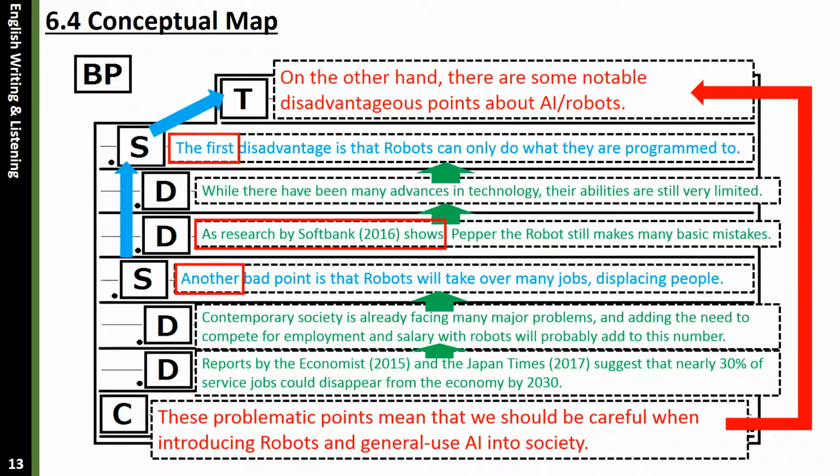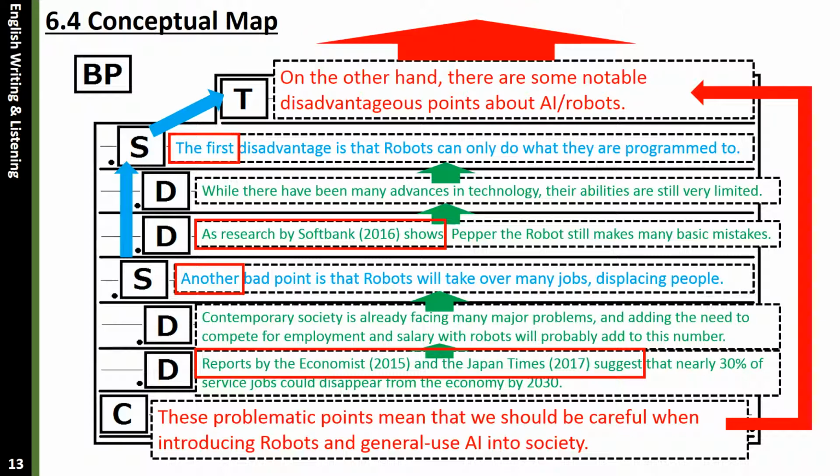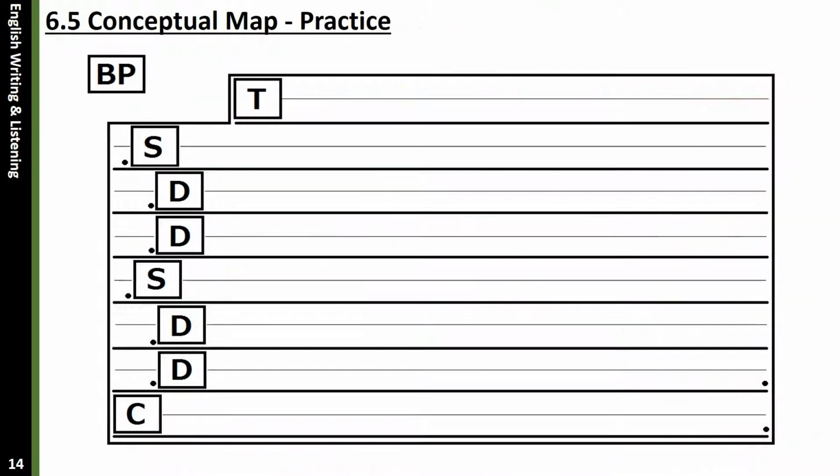For the second supporting sentence, we can see that they have 2 more detailed sentences, and again there are in-text citations for research from The Economist and the Japan Times, published in 2015 and 2017, which also support the second supporting sentence. For a concluding sentence, we could summarize the main points, or we could just restate the topic sentence at the top of the body paragraph.